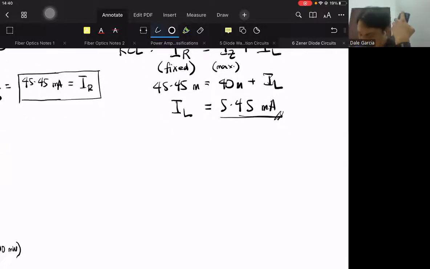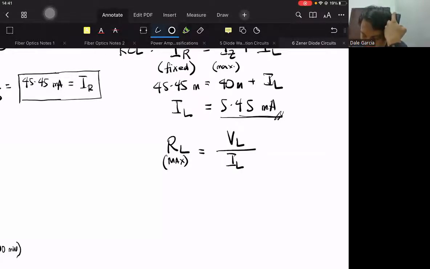With the load current known, we use Ohm's law: RL max is equal to V over I, VL over IL. VL is fixed, since the voltage across the load is fixed, not the current. VL is 10 volts over 5.45 milliamperes.